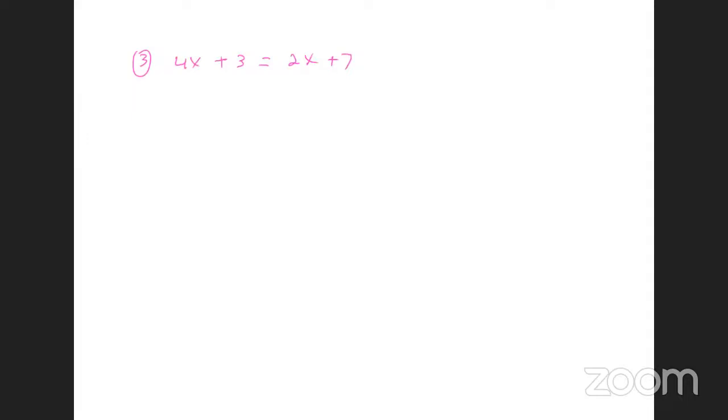The first thing we should always do is bring like terms together. So let's bring the x's to the left side, because normally what you're solving for is on the left side and everything else on the right side.